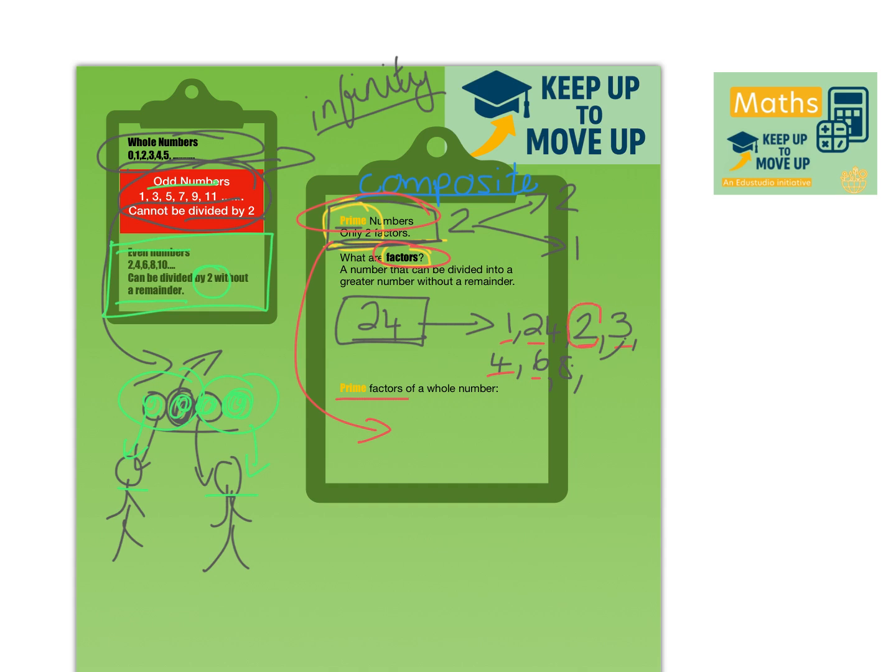That's, of course, the factor 2 and the factor 3. Therefore, we can say that 2 and 3 are the prime factors of 24. So you're looking at two properties of a number. It must be a factor of another number and a prime factor at the same time.